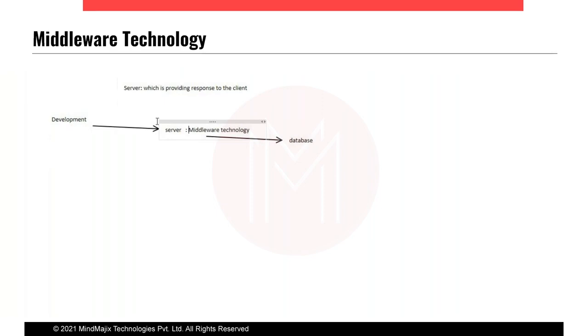When the development code is hosted on the server, the server interacts with the database, gets information from it, and responds to the client. Since it sits in the middle of development and database, we call it middleware technology.